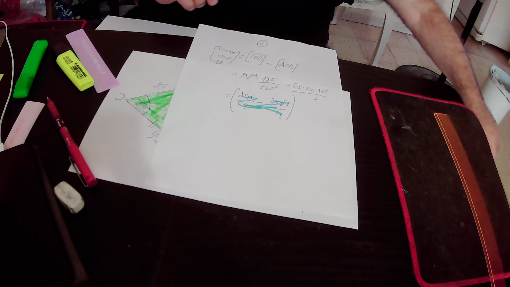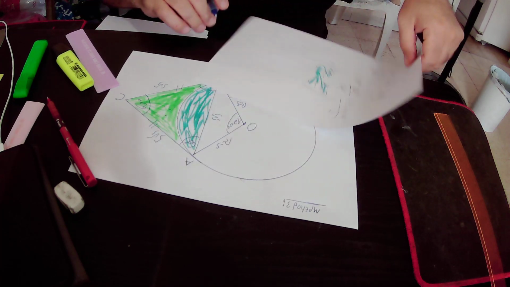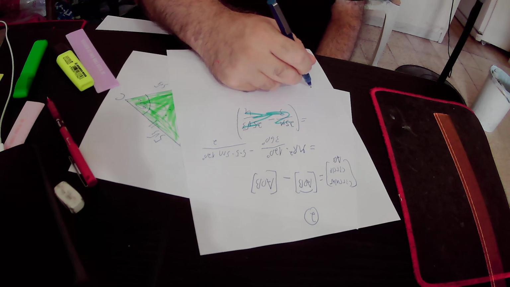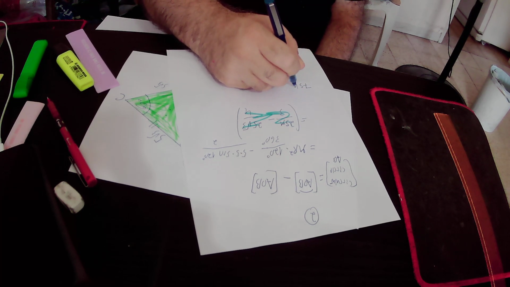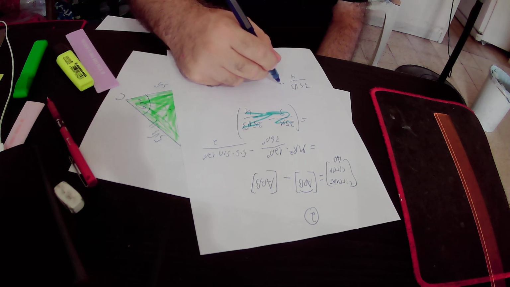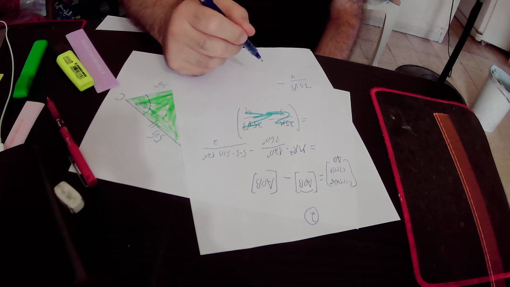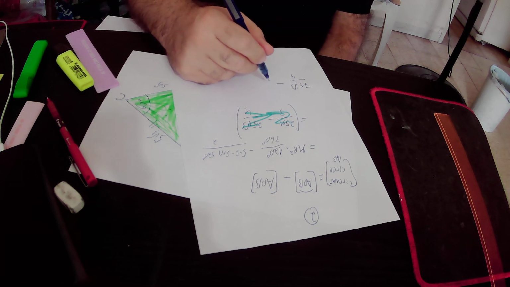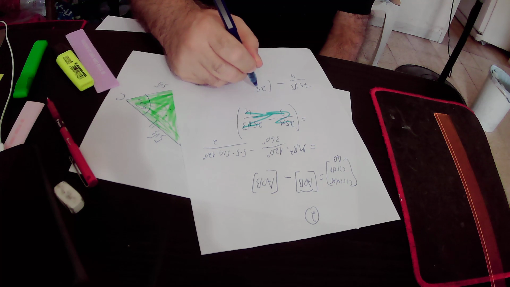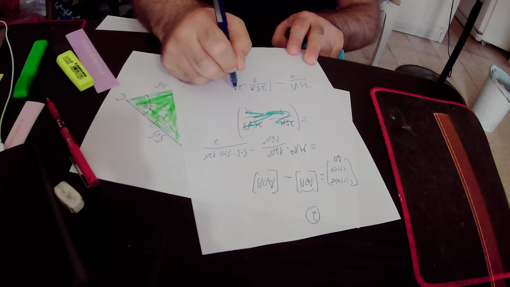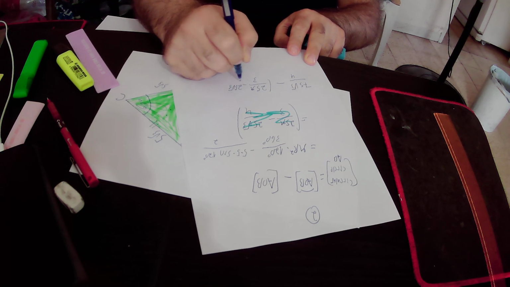So it will be equal to 75 times root 3 over 4 minus the area of the circular segment AB, that equals 25 pi over 3 minus 25 root 3 over 4.